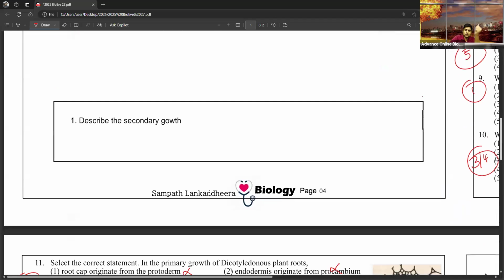And then, people, describe the secondary growth. In your resource book, they have given a common description for the secondary growth of root and the stem.